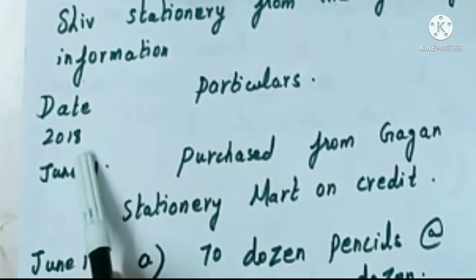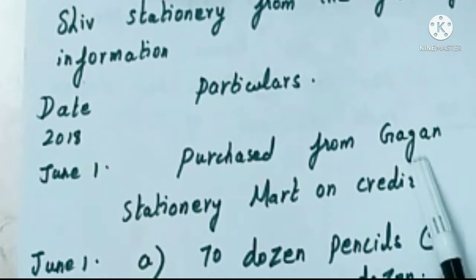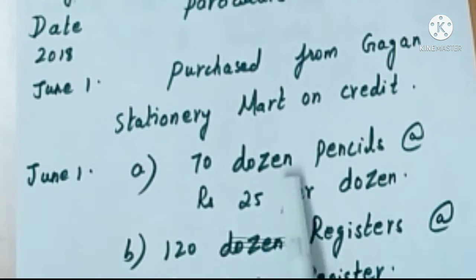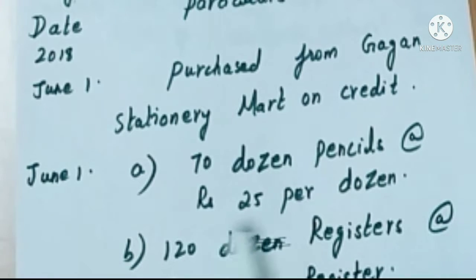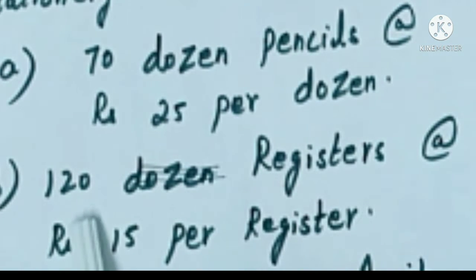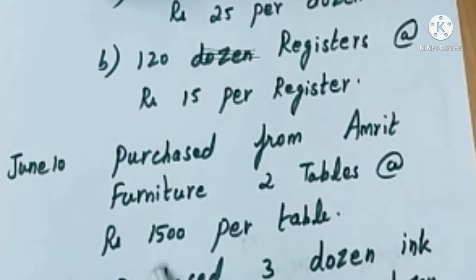2018 June 1st, purchase from Gagan Stationery Mart on credit. 70 dozen pencils at rupees 25 per dozen. 120 registers at rupees 15 per register. June 10, purchase from Amrit Furniture 2 tables at rupees 1500 per table.